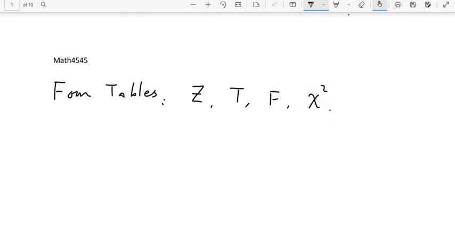We have 4 tables, which means we have 4 distributions. Those 4 tables or distributions are really important in stats. So what is their relationship? Why do we have those distributions? This is today's topic.